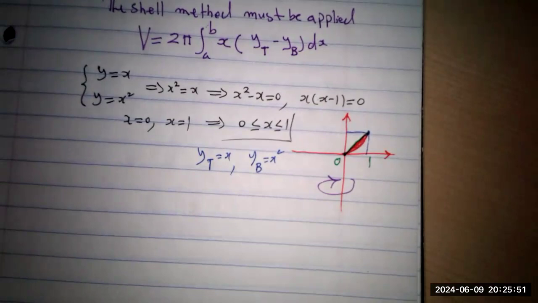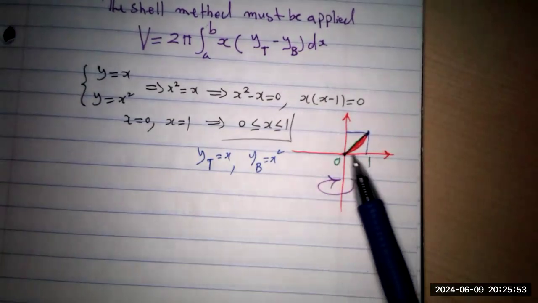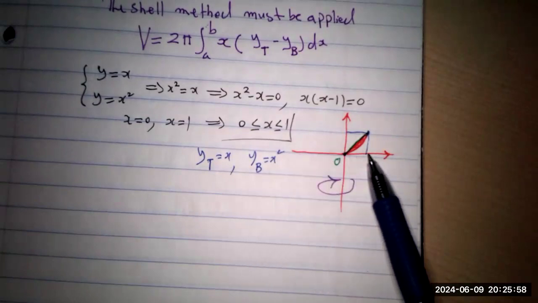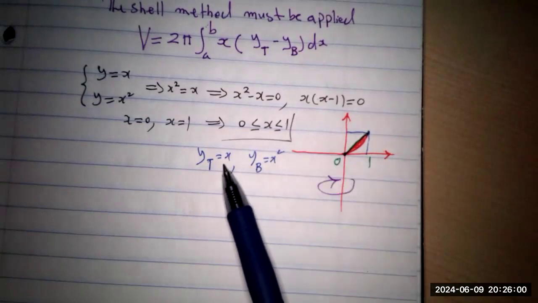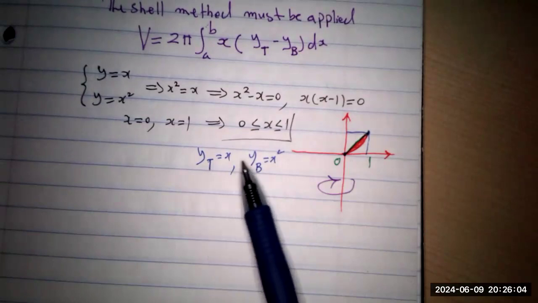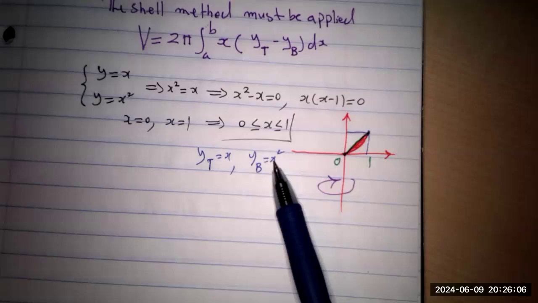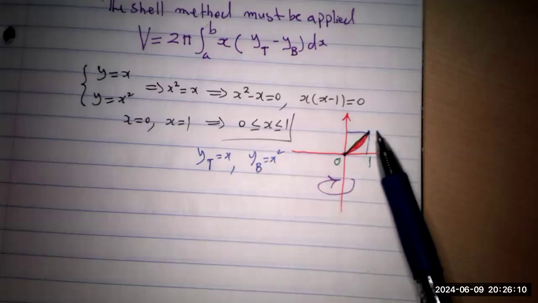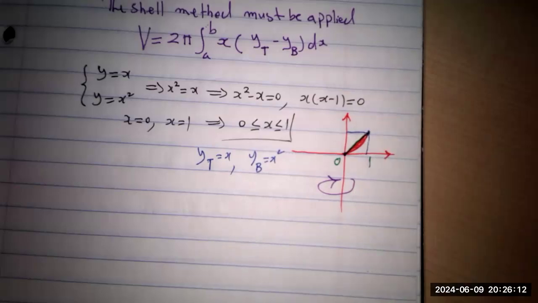Or if you want to check, you pick a number between 0 and 1 and substitute, if you don't graph it. For example, if you take x equal to 1/2, y would be 1/2. If you put 1/2 here, 1/2 squared would be a quarter. So 1/2 is bigger than a quarter, so the line is on the top.